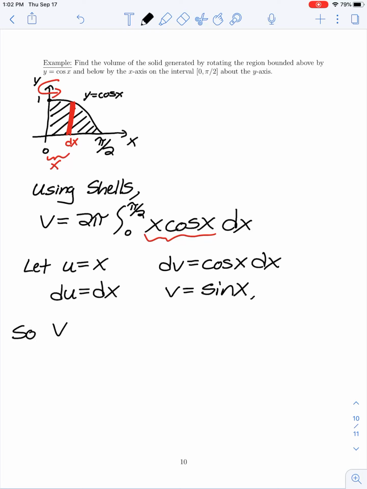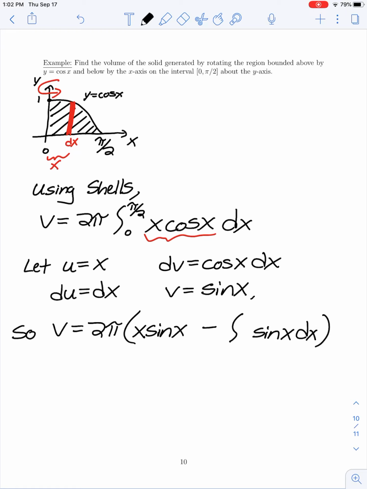So looking back at our expression for the volume of this solid, we had a constant 2 pi times this antiderivative. So using the integration by parts formula, we have u times v, so that is x sine x, minus the integral of v du, which was sine x dx.